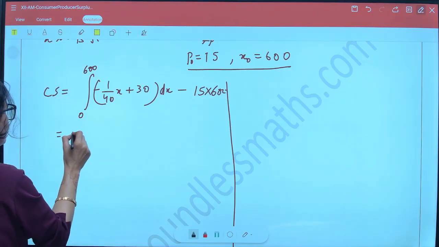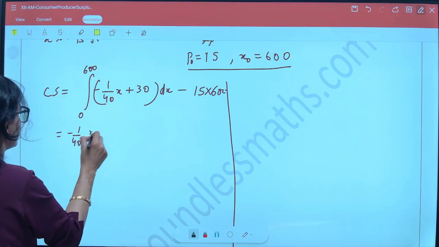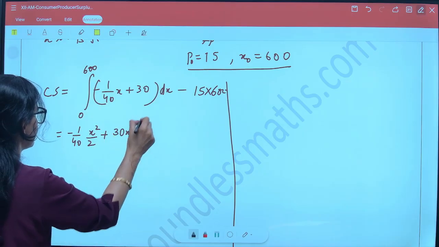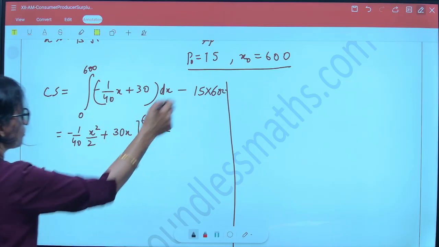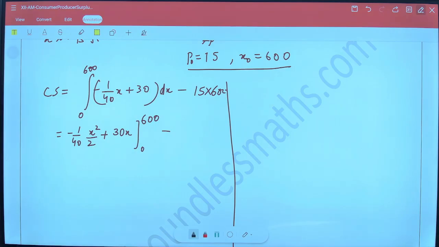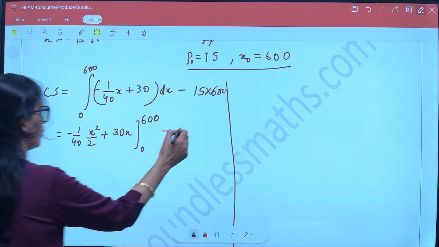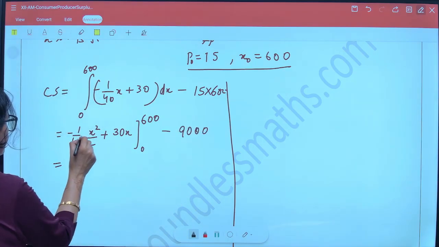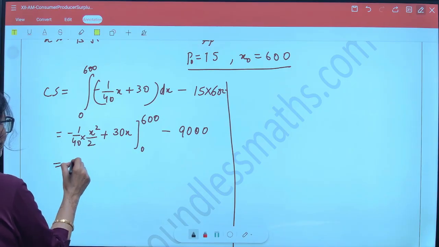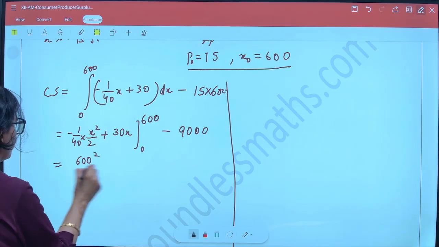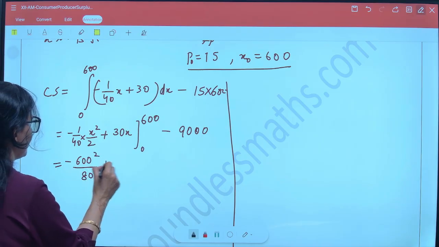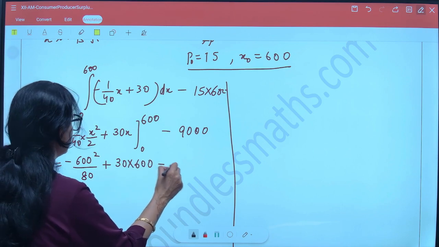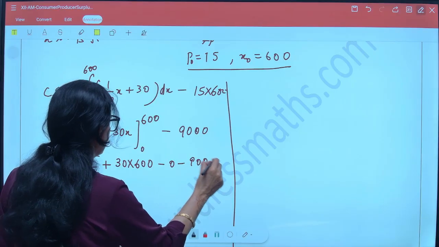So this comes out to be minus 1 by 40 x square by 2 plus 30x limited by 0 to 600 minus 15 into 600, which comes out to be 9000. So this becomes 600 square upon 80 plus 30 into 600 minus 0 minus 9000.